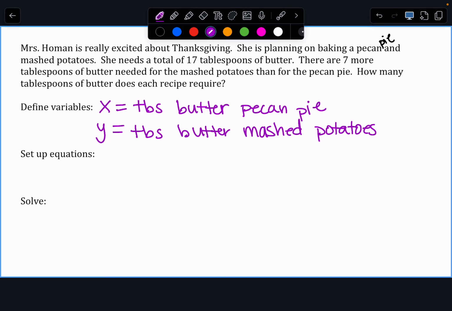Okay. So now, let's set up our equations. What does it mean when I say she needs a total of 17 tablespoons of butter? So the recipes added together equals 17.